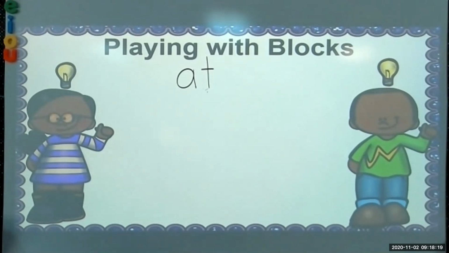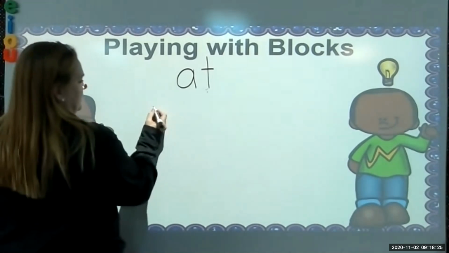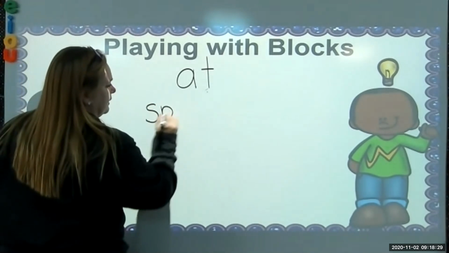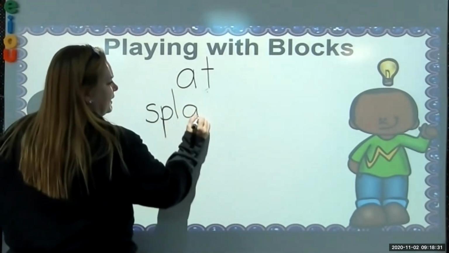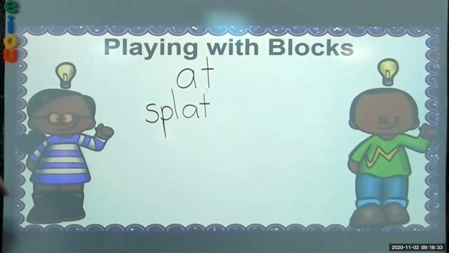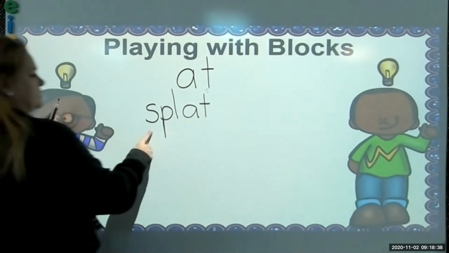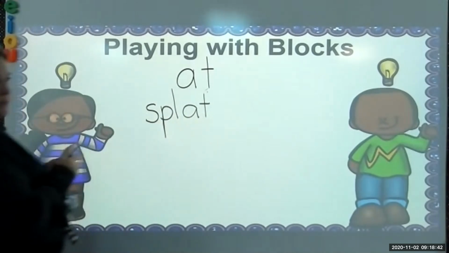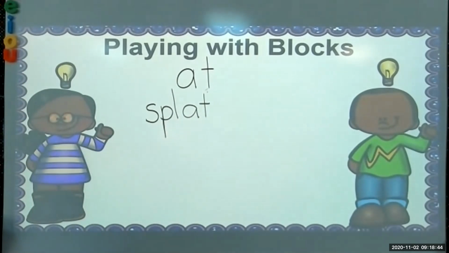So now we're going to add spl to the beginning of that sound. Spl, at. So what word did we just make? We have splat. What is our new word there?